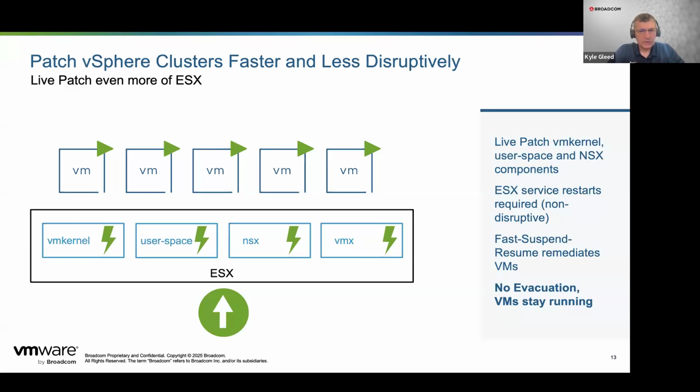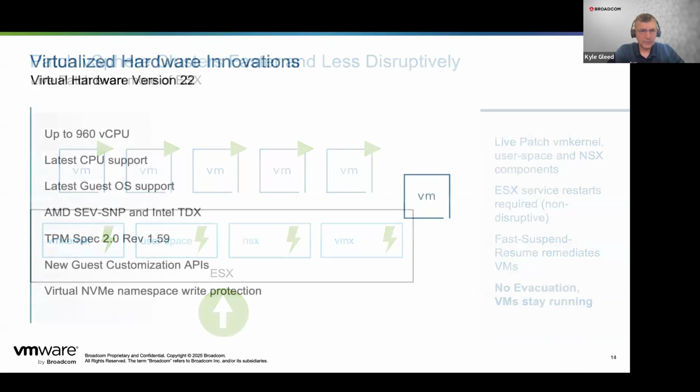If it is, you will be able to apply it to the host, and the key here is you can do it without putting the host into maintenance mode and without evacuating VMs. So support for live patch is there in vSphere 9, and you can expect to see this become available as we start to release patches for vSphere 9. Essentially, you'll be able to patch your ESX hosts without having to put them in maintenance mode, without reboots, and without migrating VMs. So a very nice feature.